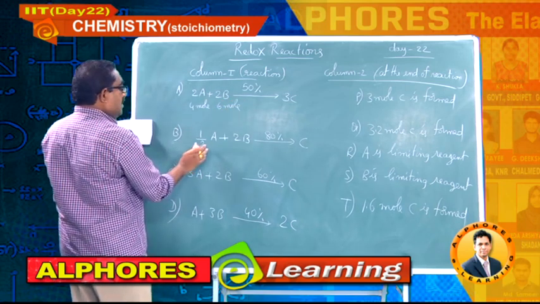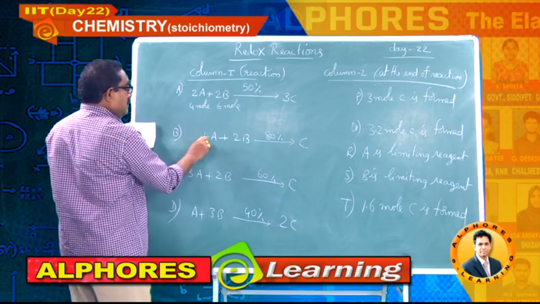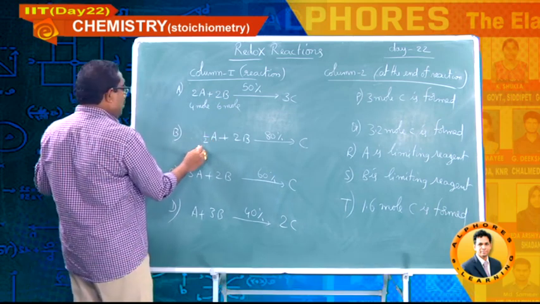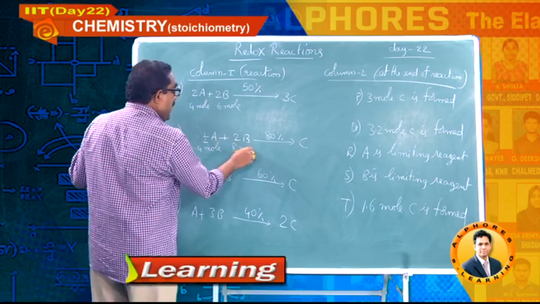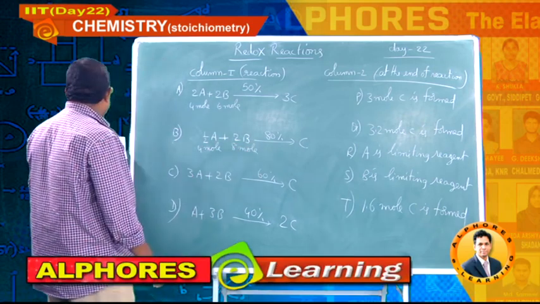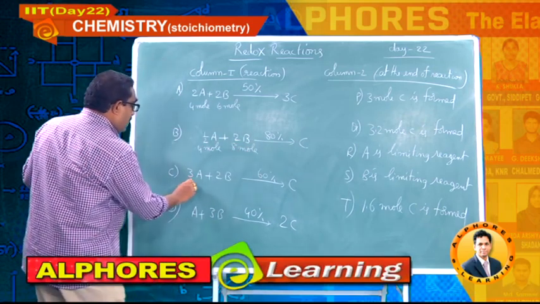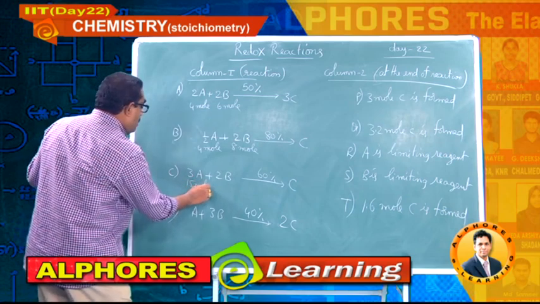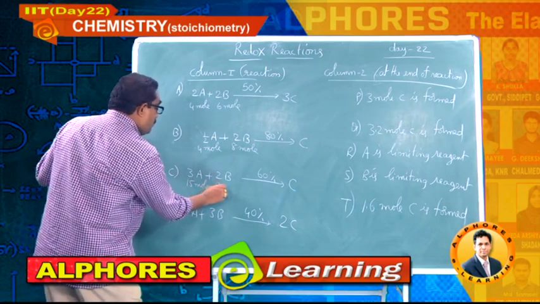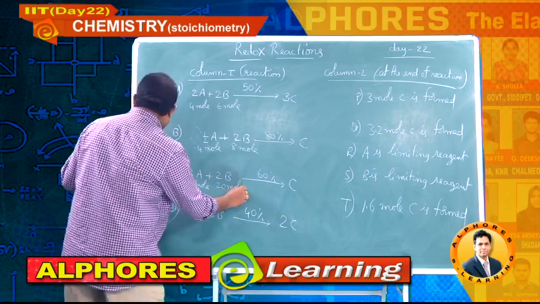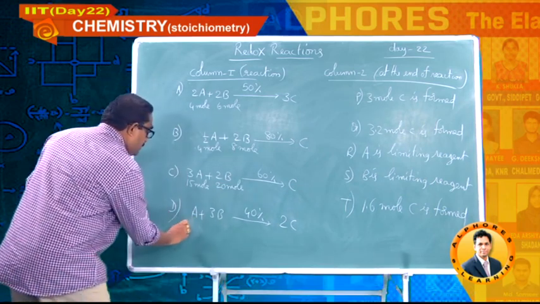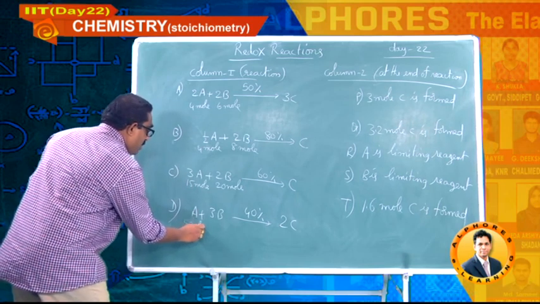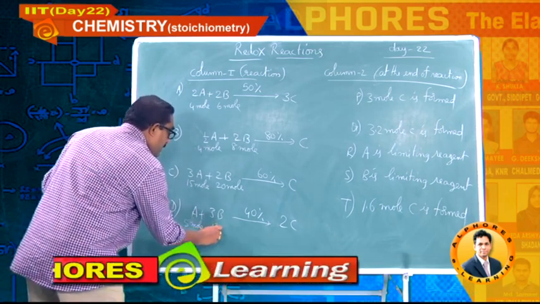Here the given moles are 4 mole, 8 mole. Here the given moles are 15 mole, 20 mole. Here the given moles are 5 mole, 12 mole.